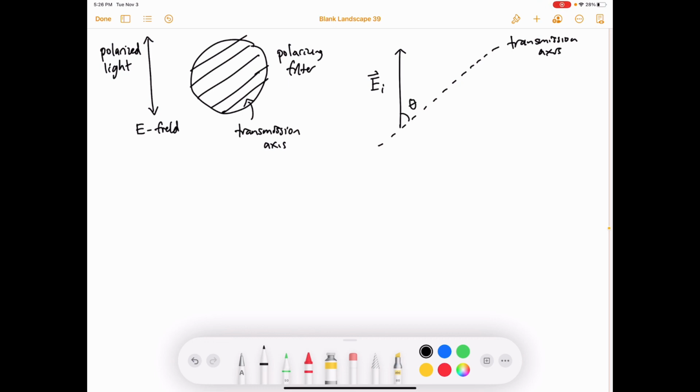So here's the thing to realize. Only some of the incident light wave is going to make it through. In other words, only the component of E that is parallel to the transmission axis is going to make it through.